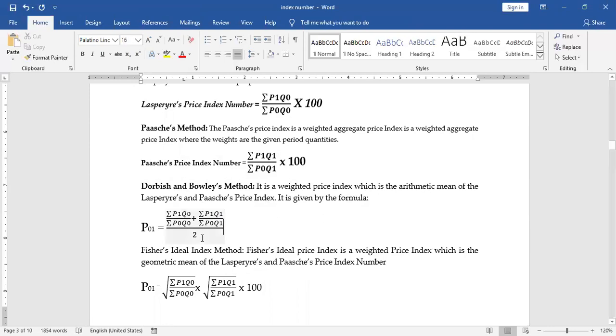You should be very careful in identifying this. So Drobisch-Bowley is a combination of Laspeyres' and Paasche's.